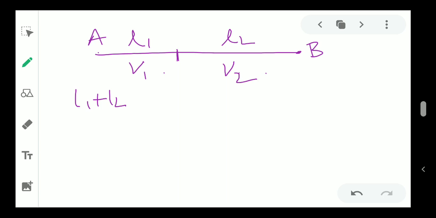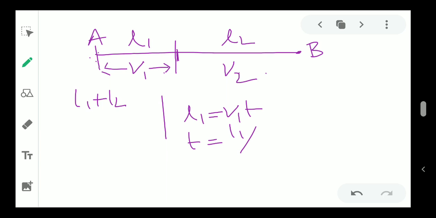For the first section, if there is no acceleration and it has gone at constant velocity v1, then I can use the formula L1 equals v1 t, right? So t will be L1 by v1.